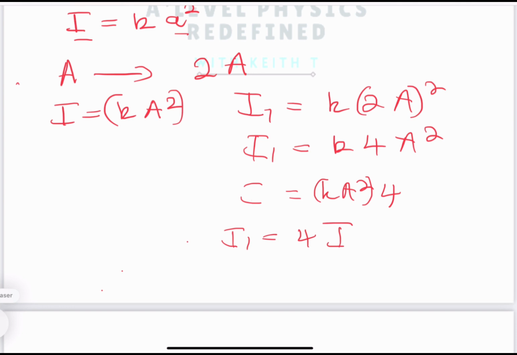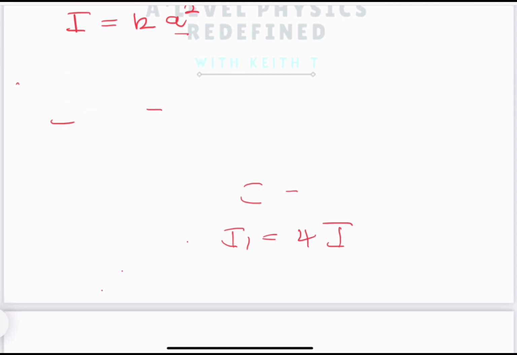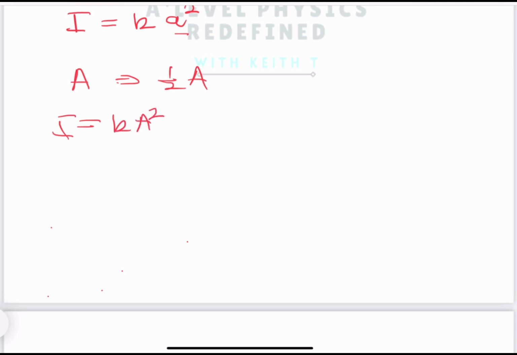Let's look at another example. Let us assume that the amplitude was once A, and now it's half of A, okay? So we say again, I equals KA squared. Now I1 is equivalent to K times half of A, squared, okay?